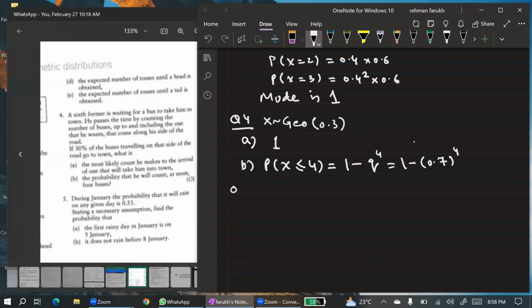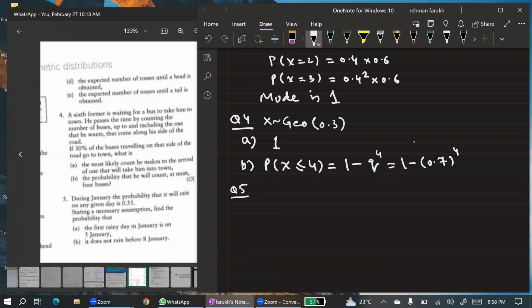Now question number 5. During January, the probability that it will rain on any given day is 0.55. Stating a necessary assumption, find the probability that the first rainy day in January is on 5th January. The first rainy day, the first success. The question is about the first success. We will carry out the observations until the first success is obtained.